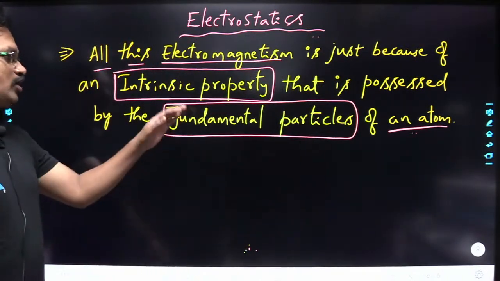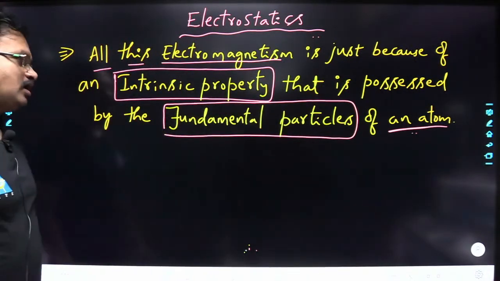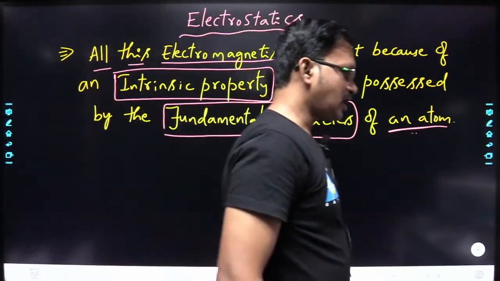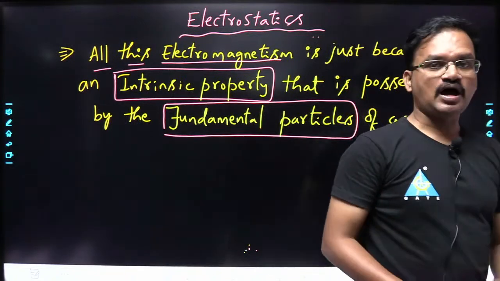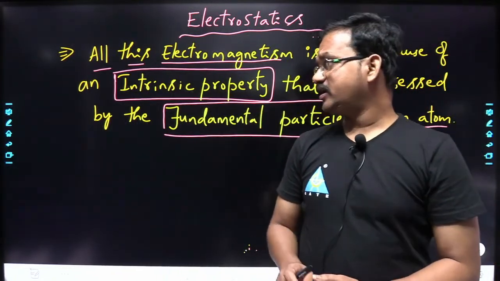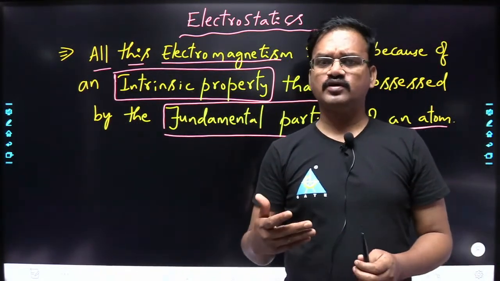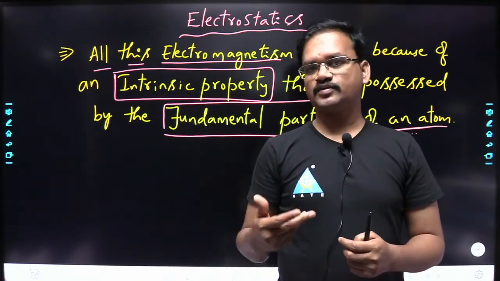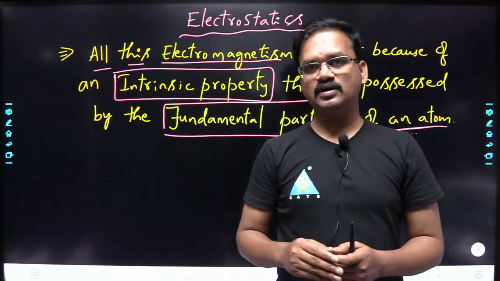So here, what do you mean by intrinsic property? Intrinsic property means it is an unavoidable property. If you consider any object, what is the intrinsic property of the object? It is nothing but its mass.